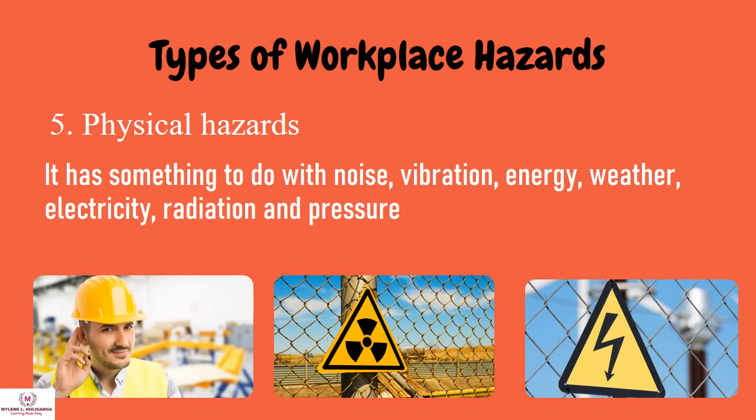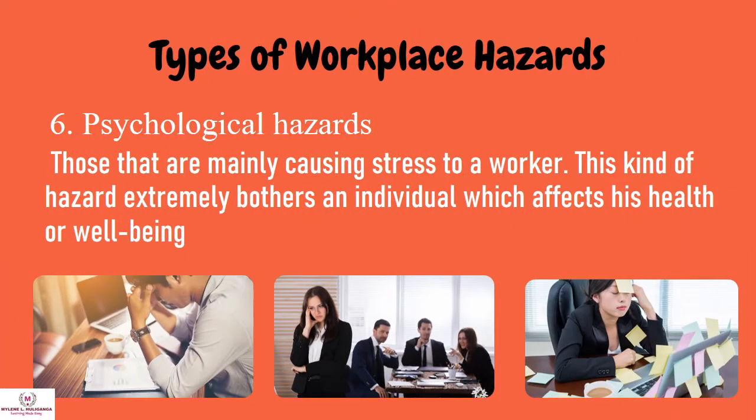Number 5 is the physical hazards. It has something to do with noise, vibration, energy, weather, electricity, radiation, and pressure. Number 6 is the psychological hazards, those that are mainly causing stress to our workers. This kind of hazard extremely bothers an individual, which affects his health or well-being.